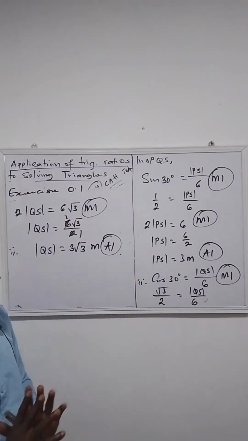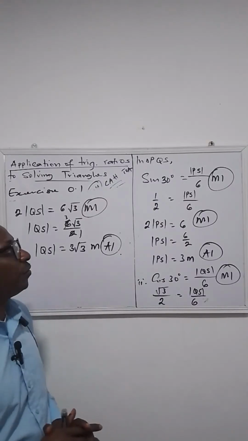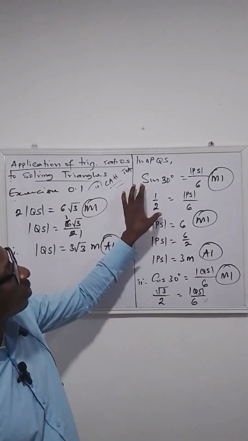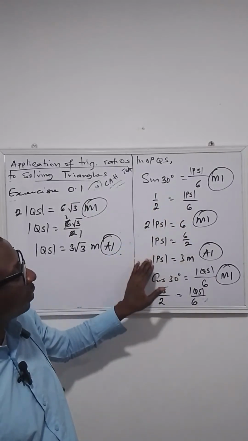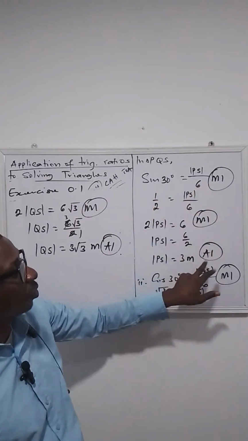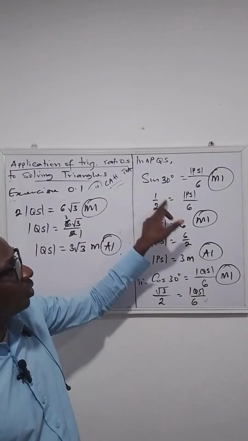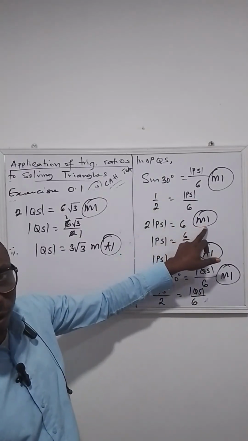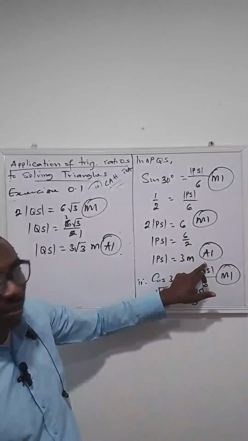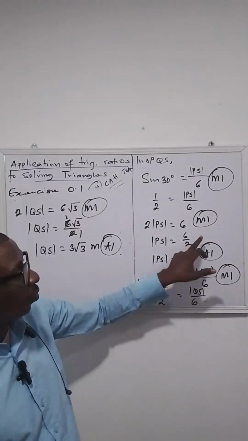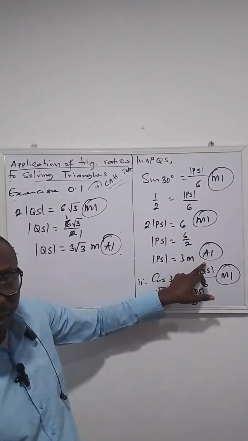Okay. Now, 2, if you are not able to tell us how you come about all of this, and just after writing this one, you just come to your answer, if you didn't show your workings, once your method is wrong and you are unable to get this, that means your answer will be 0.